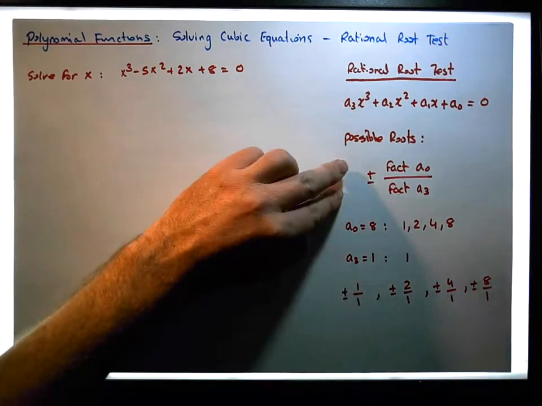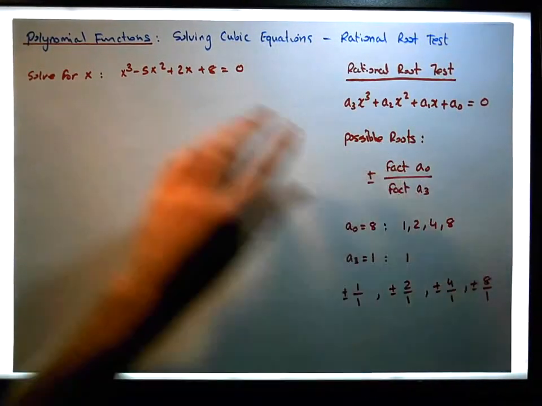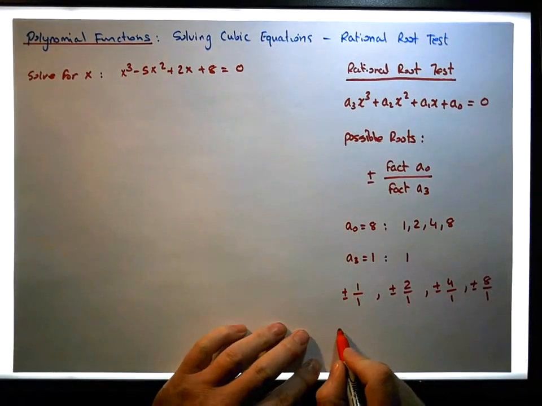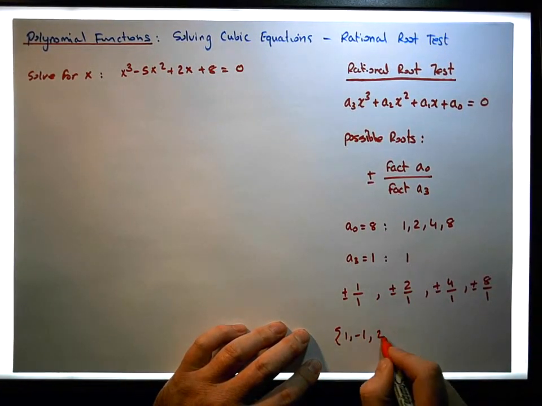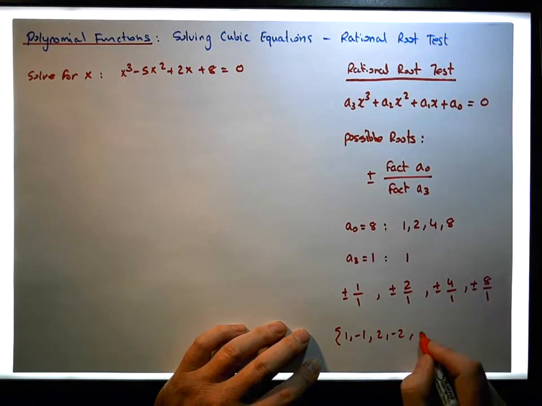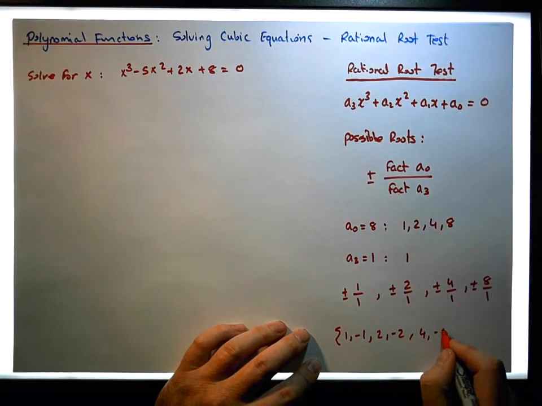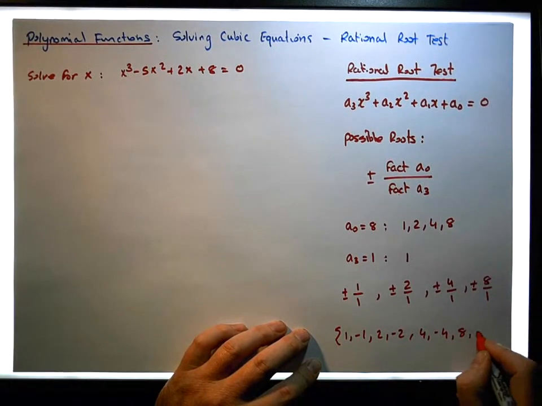So the rational root test tells us that possible roots of this polynomial are 1, minus 1, 2, minus 2, 4, minus 4, and 8, minus 8.